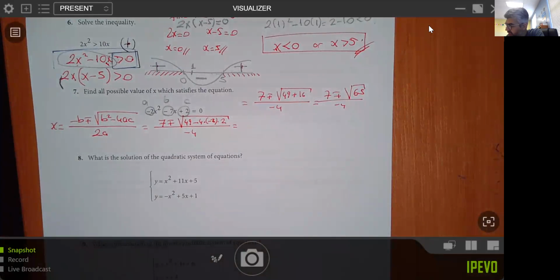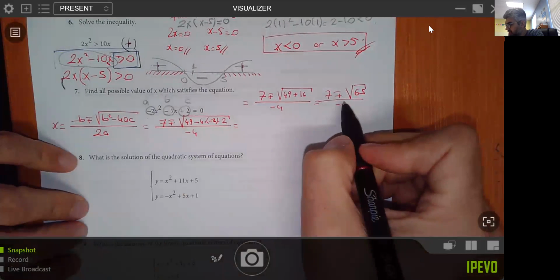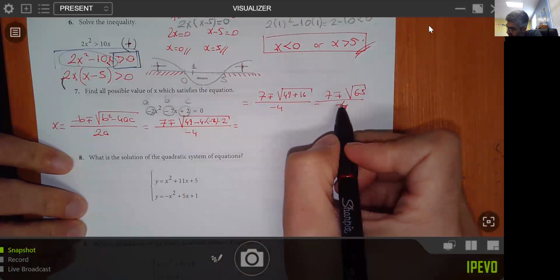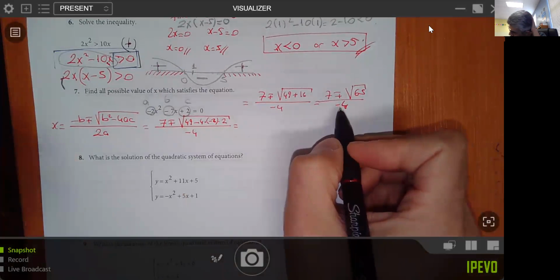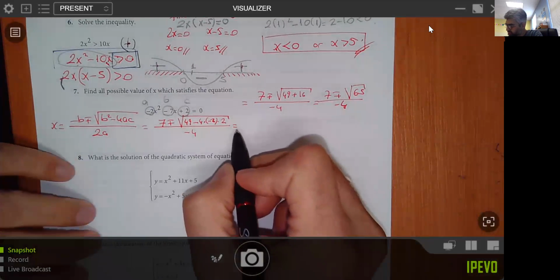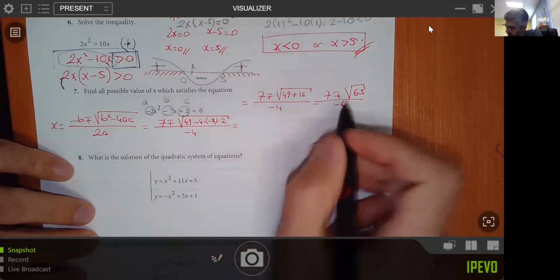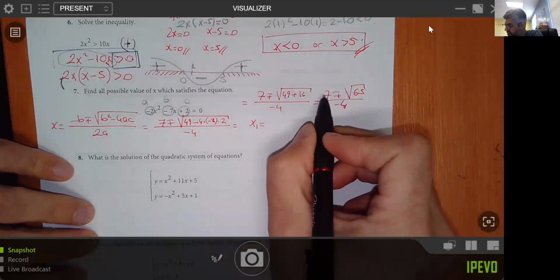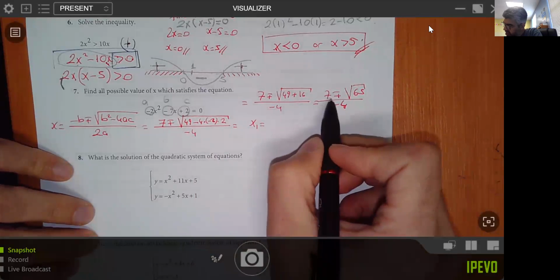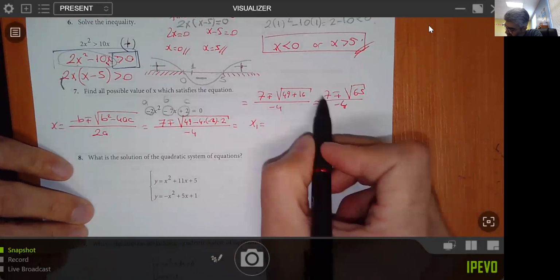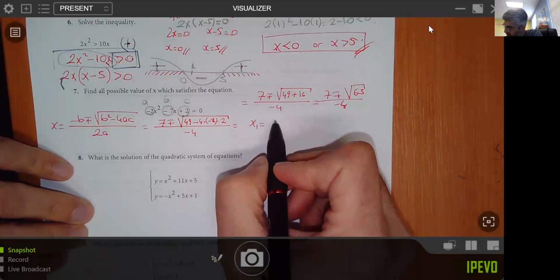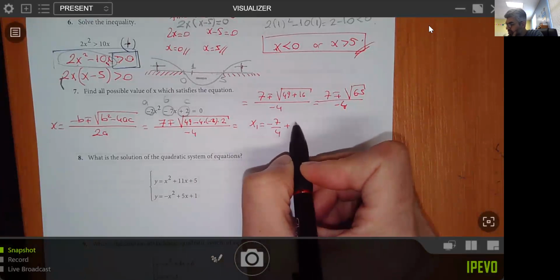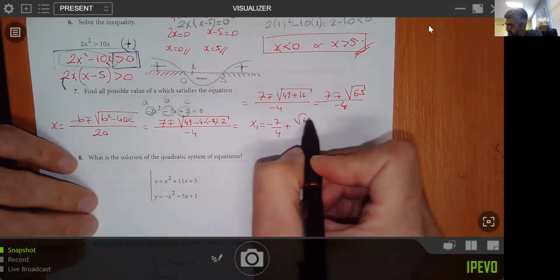65 is 13 times 5. I cannot simplify that. What I can do is write the roots. There are two solutions here, guys. The first solution, x sub 1, I write the radical part and the whole part separately: -7 over 4 plus root 65 over 4.